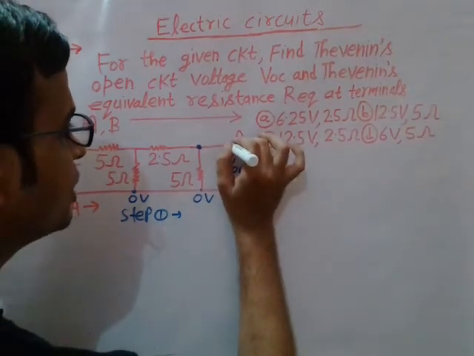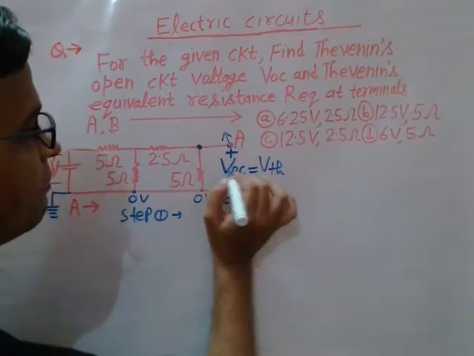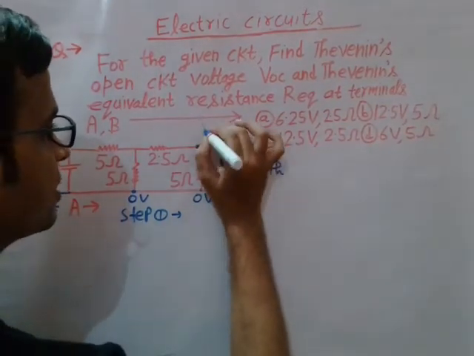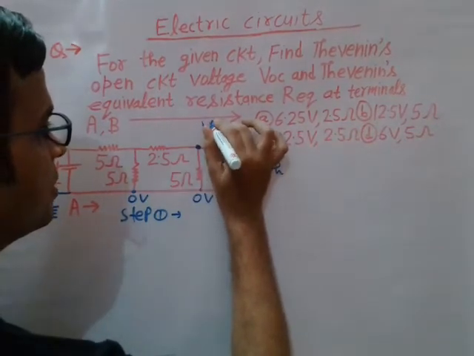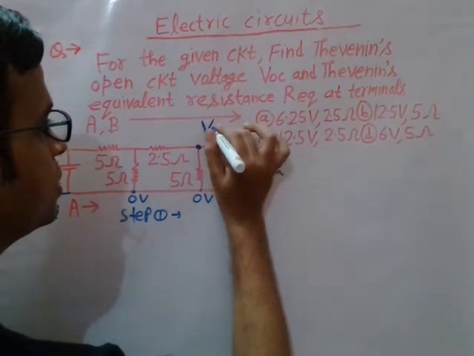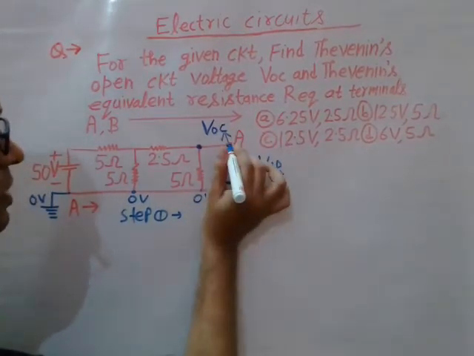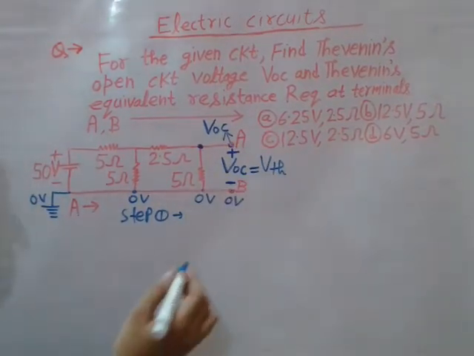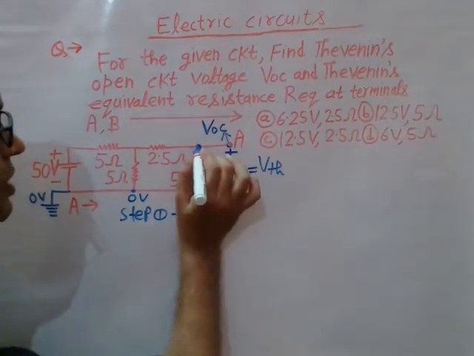So the potential of this node is VOC, which we will calculate. Then what is the potential of this node?